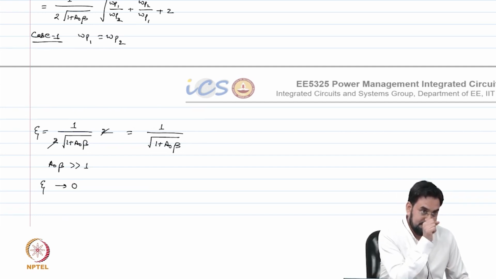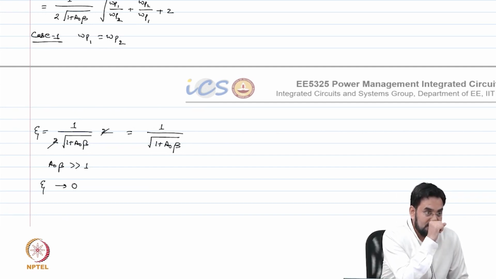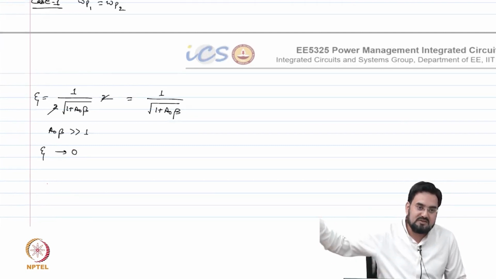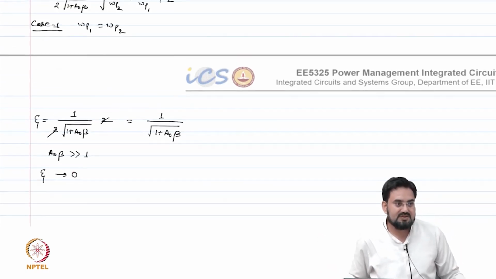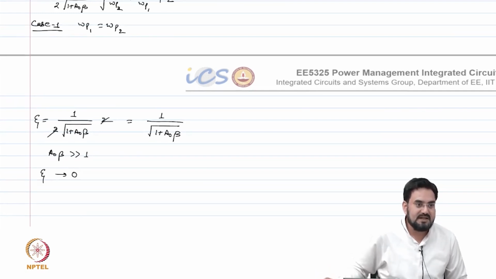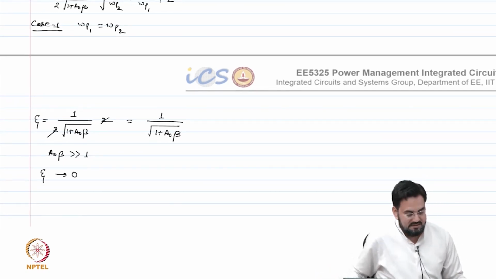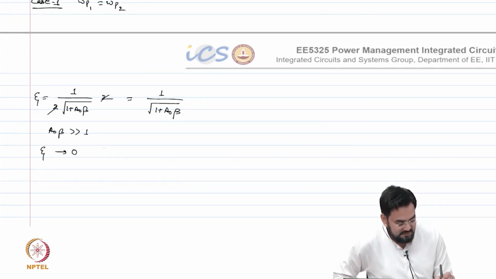What does it mean? Where are the poles if zeta is 0? J omega axis. Okay. So, you will get a perfect sinusoid oscillation, because your impulse response will become sin omega n t in that case. Okay. So, unstable.